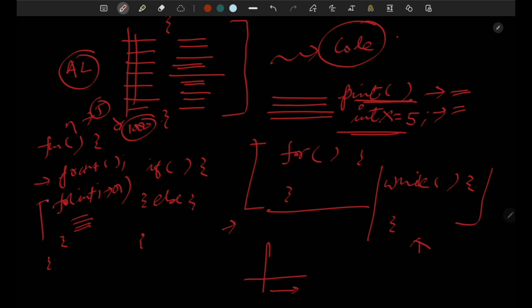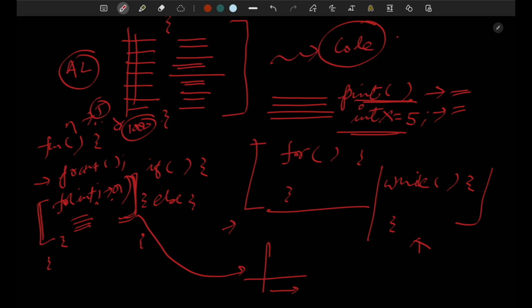But this loop, since it's running from 1 till 10,000 or 5, is going to depend on this particular value n, that is, how many times this is going to be executed. So this is something that is going to contribute to the time taken by an algorithm when the input size increases.